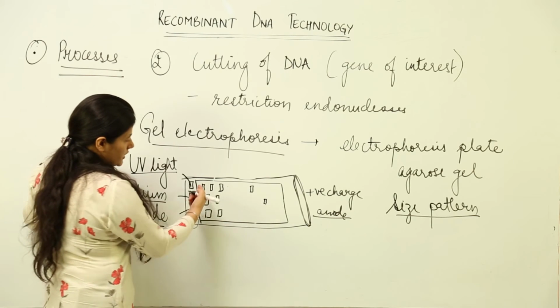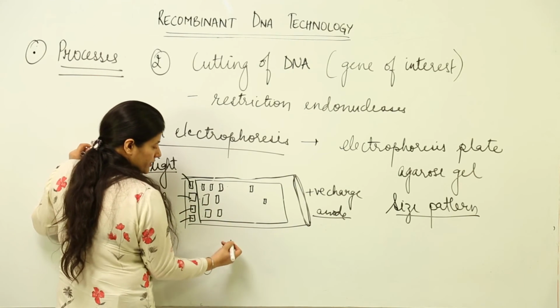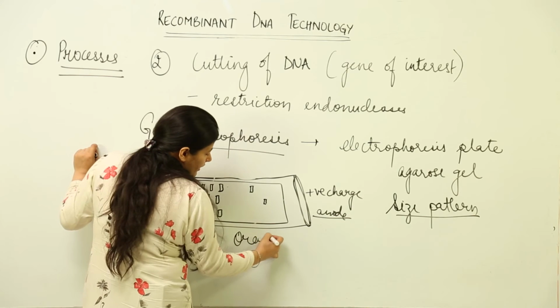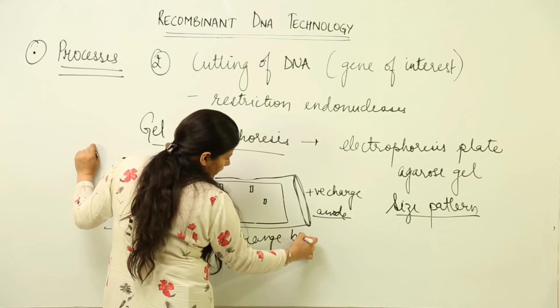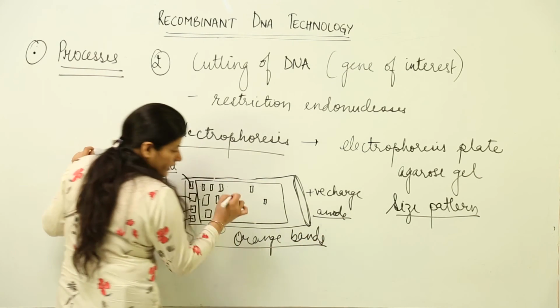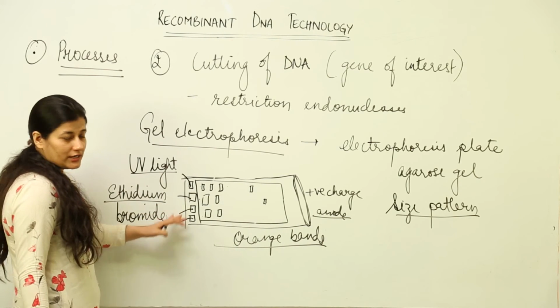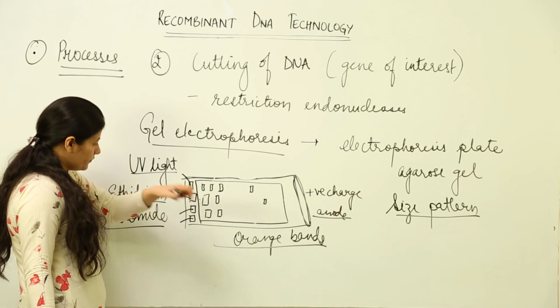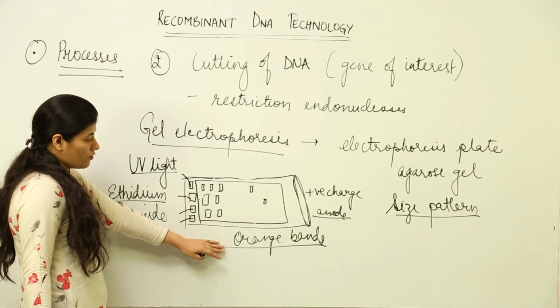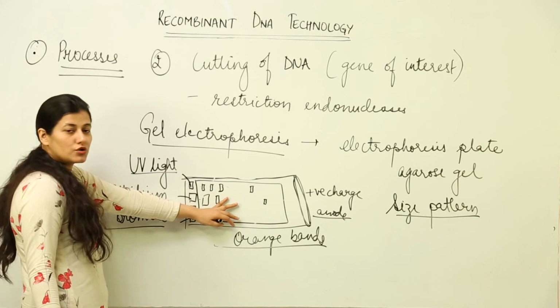So you see these small DNA fragments as orange bands arranged according to their size. Under UV light, when stained with ethidium bromide, DNA would show itself in the form of orange bands arranged according to the pattern.